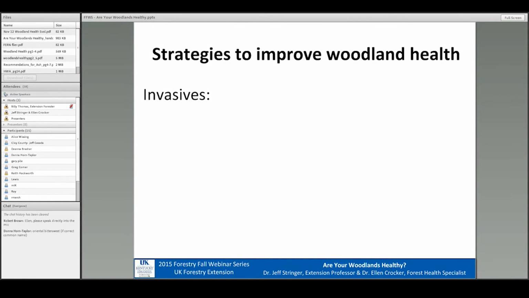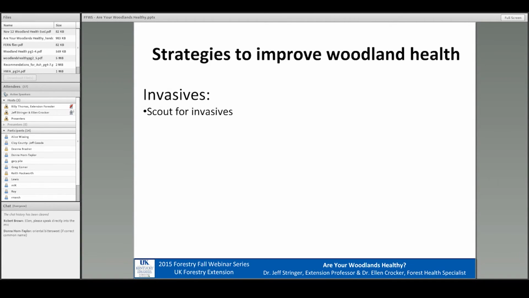When you're thinking about strategies to deal with invasives in your woodlands, there are a few things you want to be keeping in mind. First and foremost, scouting for invasives in your area. Knowing what the most problematic invasive species are and looking for them.